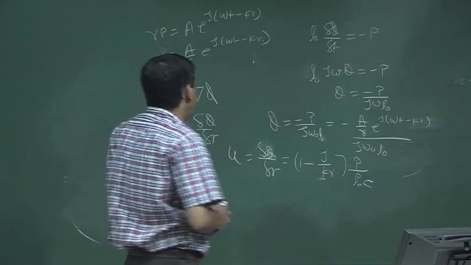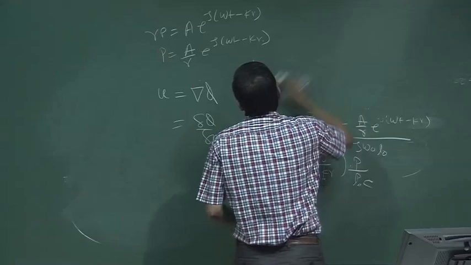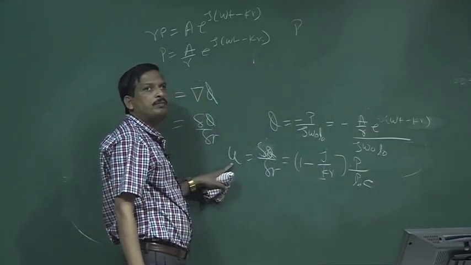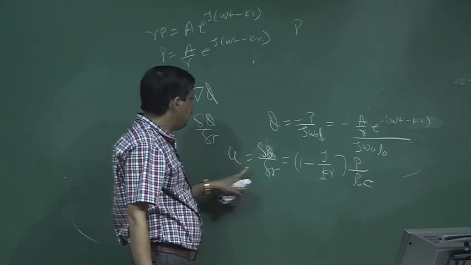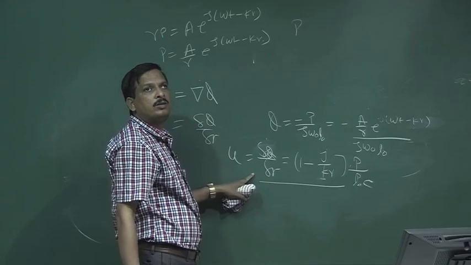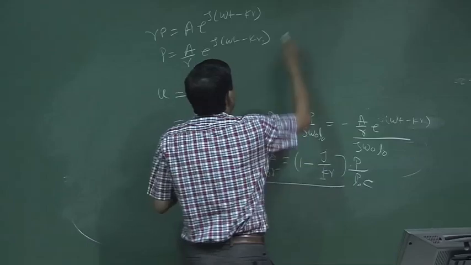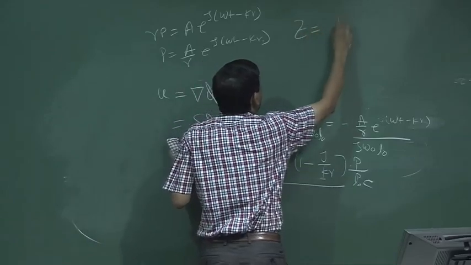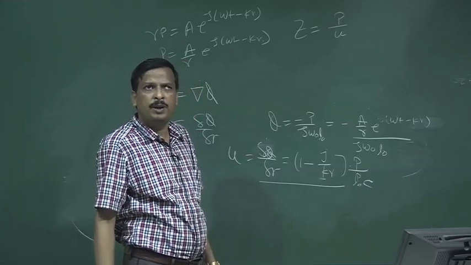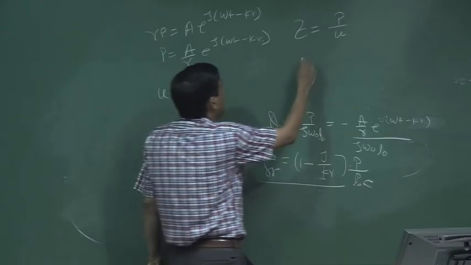Now see that in the case of a linear wave equation, the pressure wave P and phi are in the same phase, but here u is a function of some complex thing. So if I want to calculate the impedance Z, Z is nothing but P by u. If I calculate Z, what will I get?